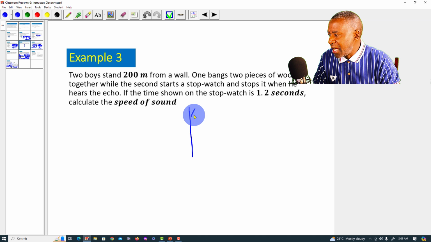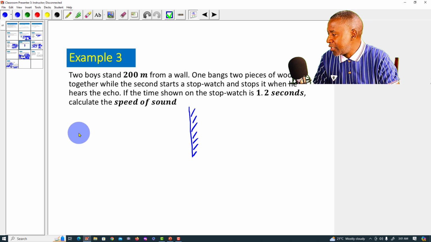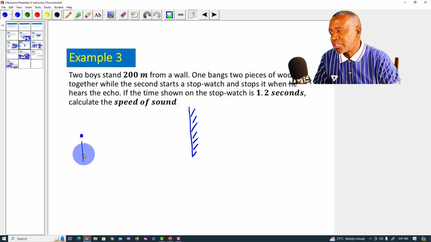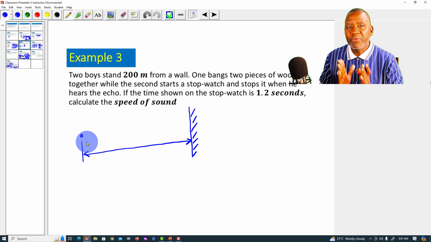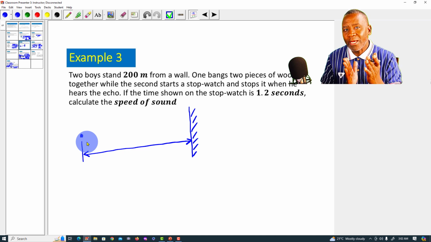This could be a huge wall, maybe of a building like the school hall or something, and then you position yourself here, maybe at a certain comfortable distance, like maybe 100 meters or something like that. This will be the distance, and then you're going to produce some sound. Maybe you can get two pieces of wood and clap them together. That's why the method is called clap and echo method.